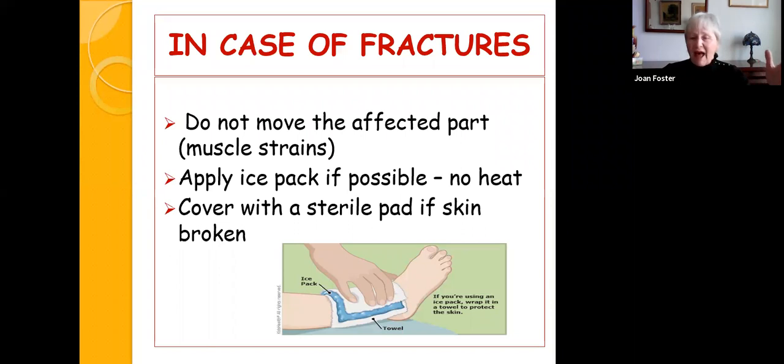Whatever position that leg is in, leave it. If someone has fractured their hip, usually the leg is in what we call a frog position, where it falls out from the pelvis and then the lower leg goes back into the center. But please don't move the affected part.